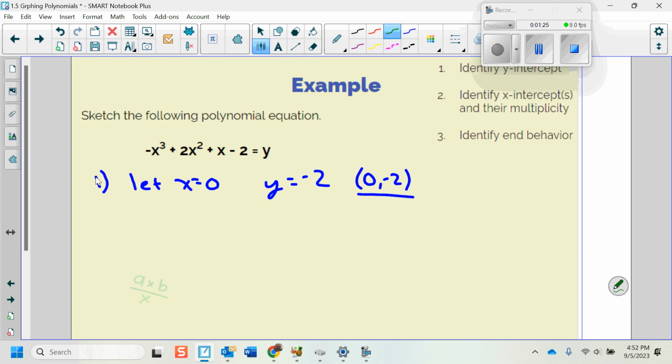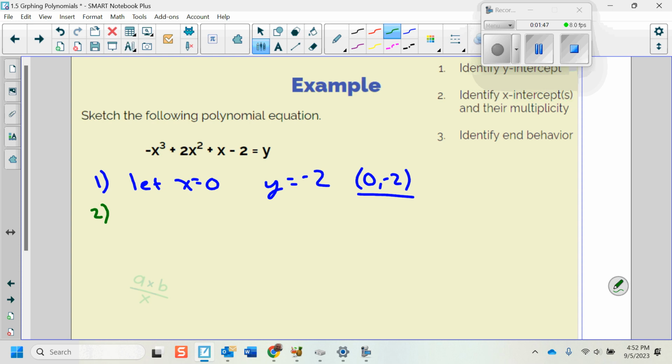Next, I want to identify the x-intercepts and their multiplicity. That gets a little more complicated in this case. I'm going to look at the left side and factor it. If I have a factored polynomial, it's easy. But in this case, it's not factored.